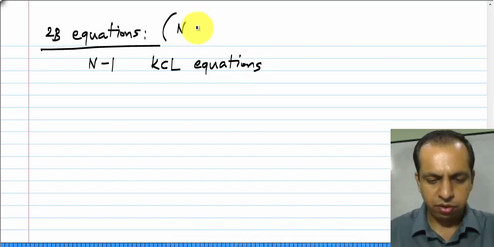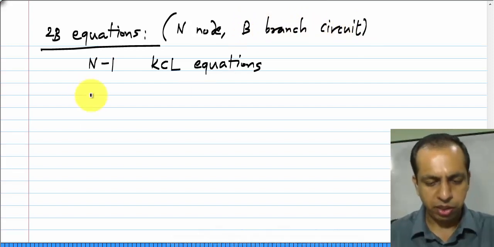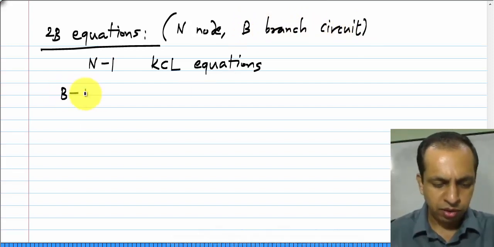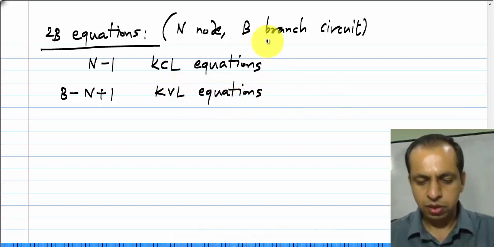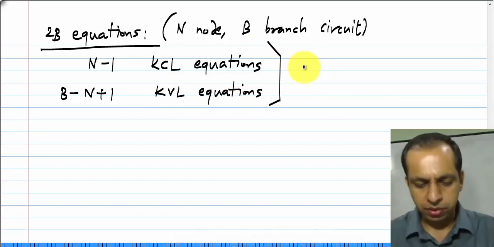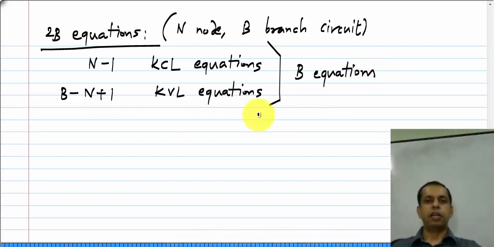So, this is for an n node B branch circuit. So, n minus 1 KCL equations, b minus n plus 1 KVL equations, and these two together will give us B equations, and also we have B branches.